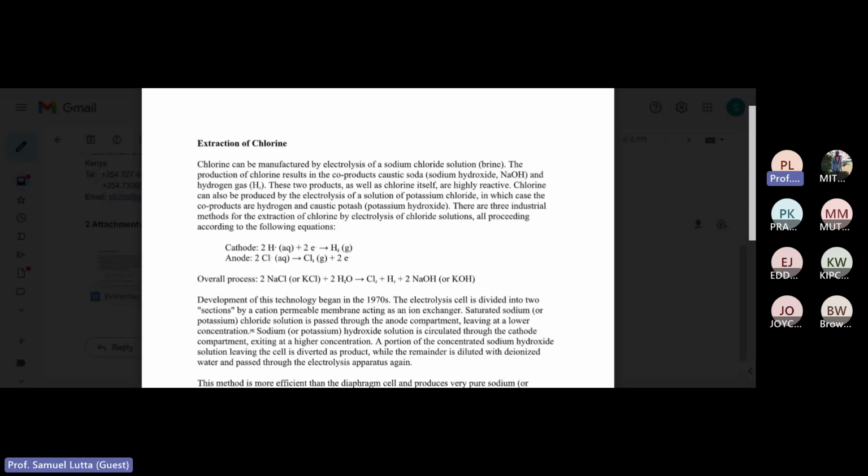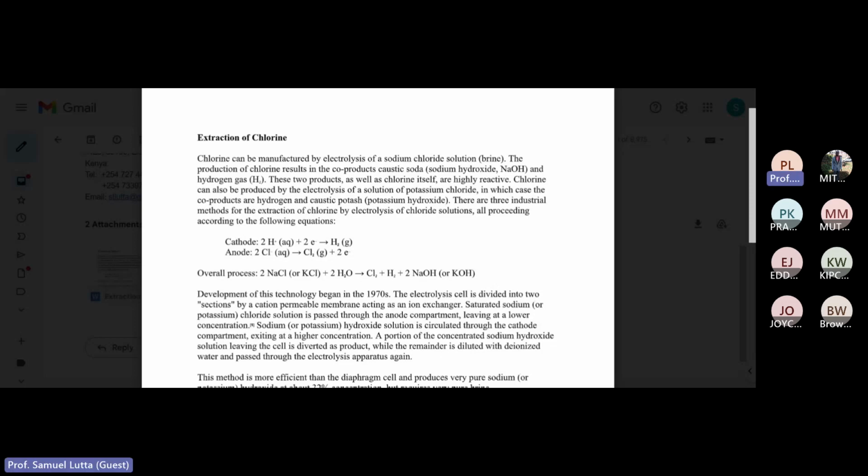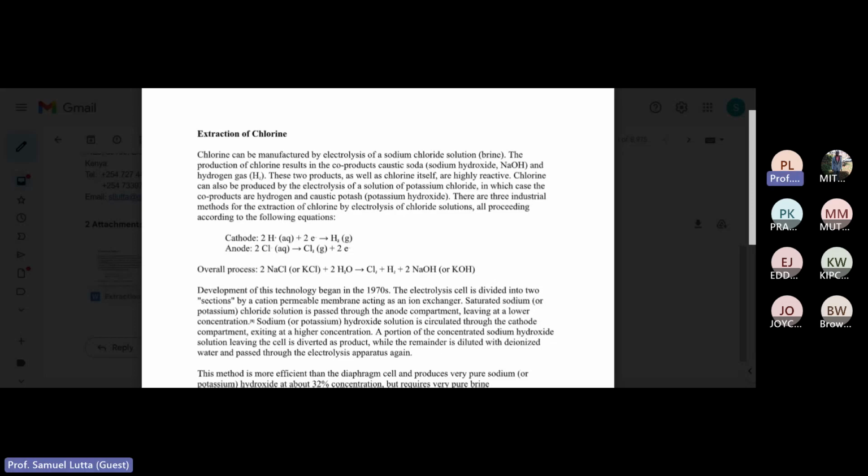The other non-metal that is normally produced in large amount is chlorine. And I just remember in class we talked about extracting it using electrolysis of brine. Brine is just a concentrated solution of sodium chloride.